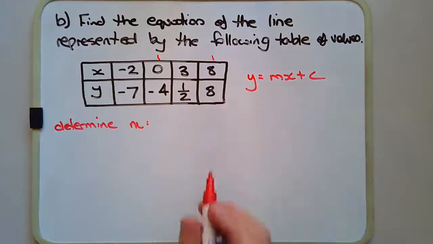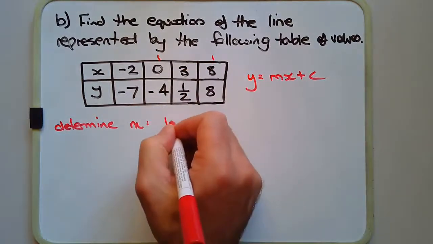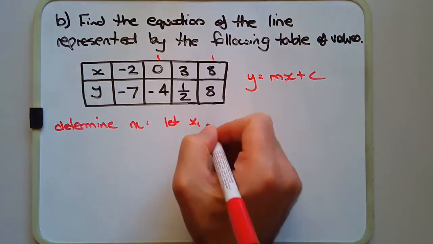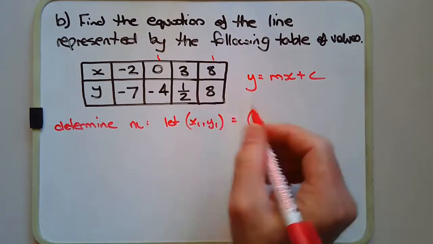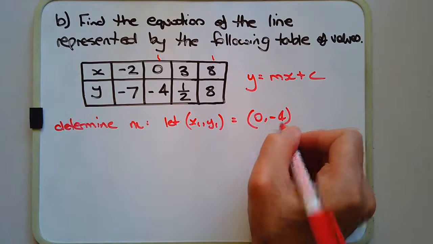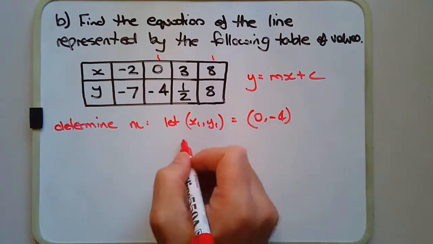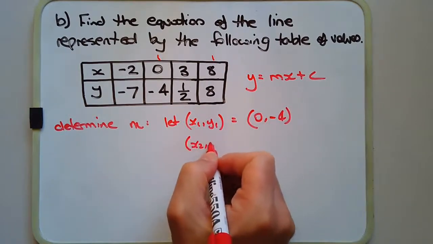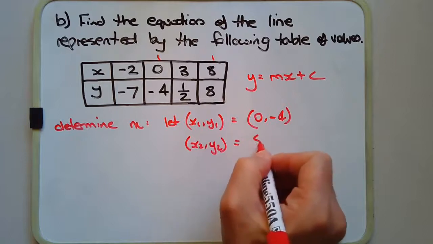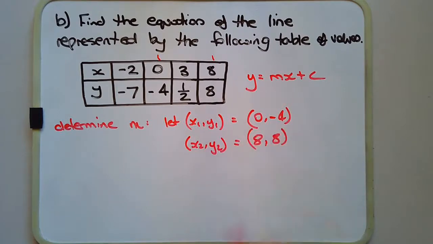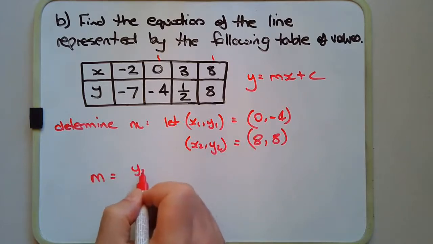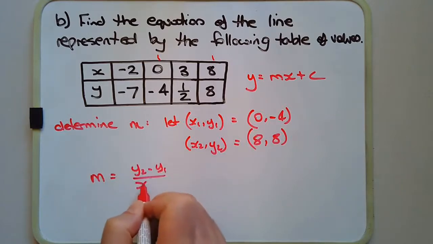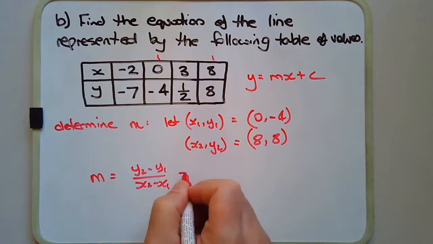So we're going to let x1, y1 be 0, negative 4, and we're going to let x2, y2 equal 8, 8. So m is equal to y2 minus y1 over x2 minus x1.